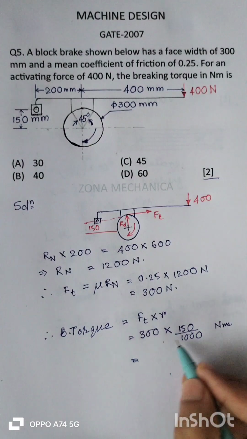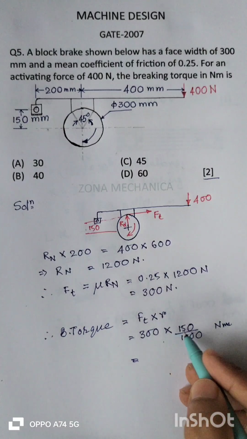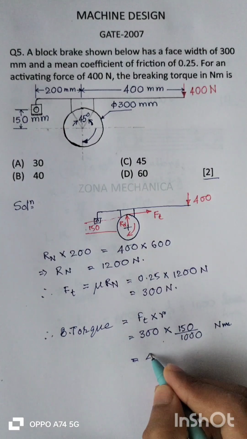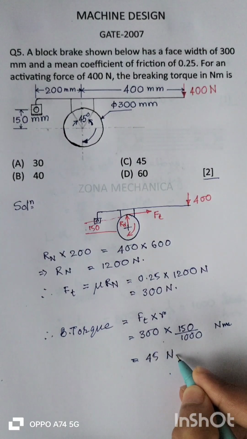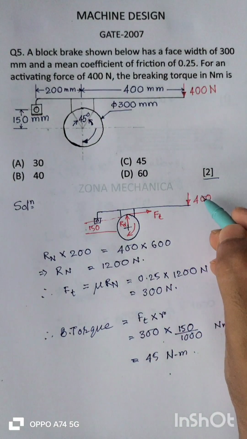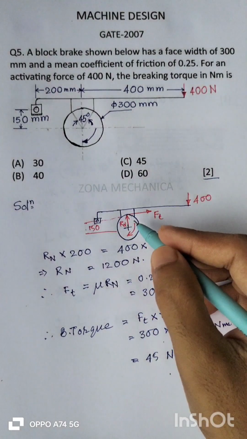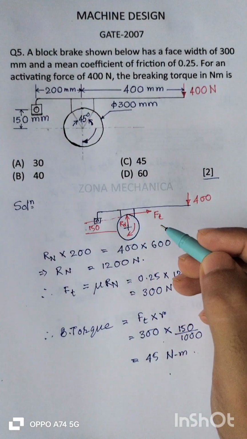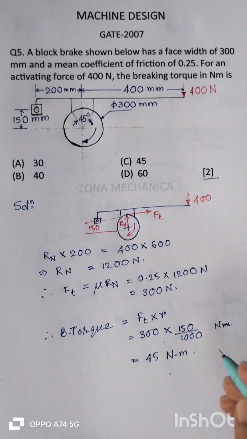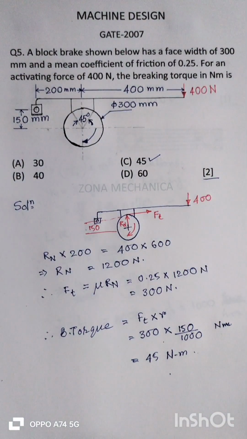So how much will it be? See, all the three zeros will go and this will be 45 Newton meter. So this is the braking torque generated by the activating force on the wheel. Clearly it matches option C, so option C is the correct answer.